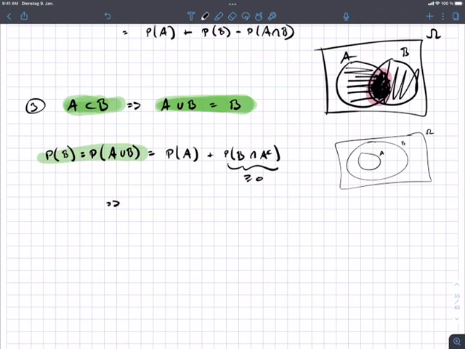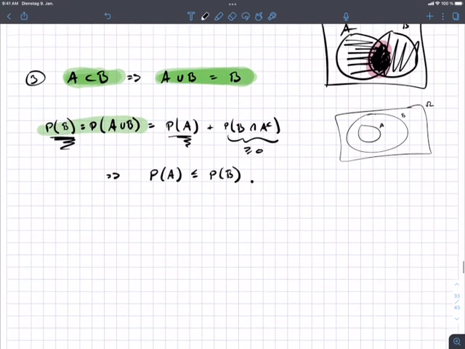And so if I get to the probability of B by taking probability of A plus some non-negative thing, I must have the probability of A is not bigger than probability of B. Okay. Good. So we are going to use that fact all the time.